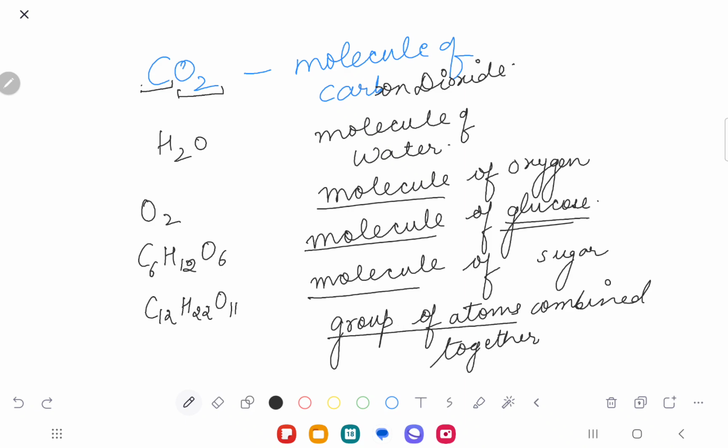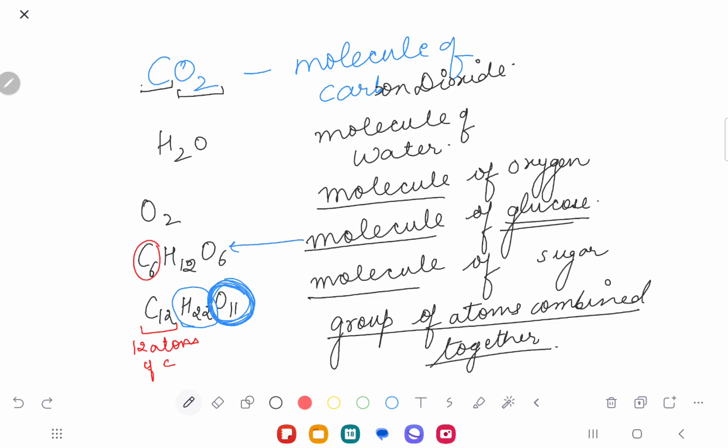This is called a group of atoms. Now, how do you understand? Sucrose has 12 atoms of carbon, 22 atoms of hydrogen, and 11 atoms of oxygen. Now look at the molecule of glucose.